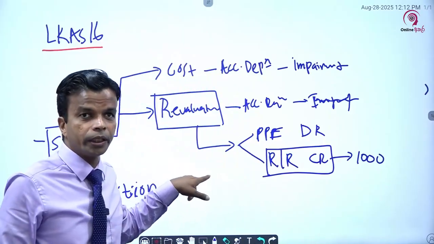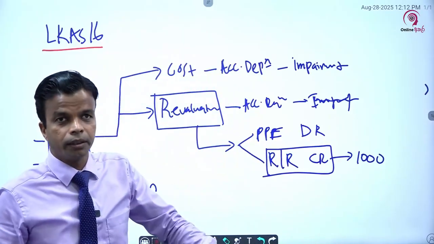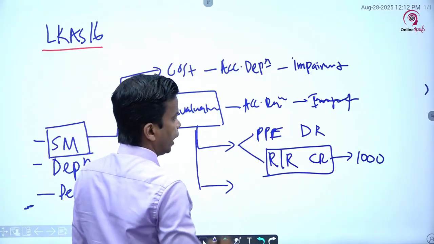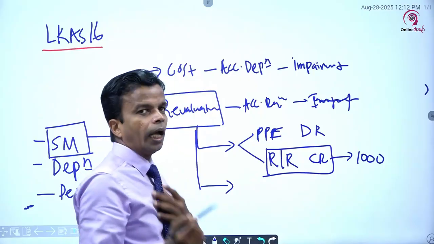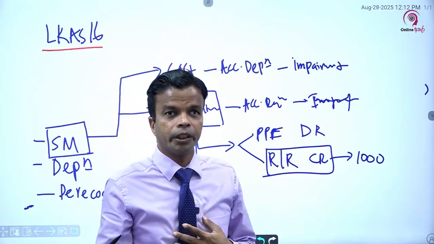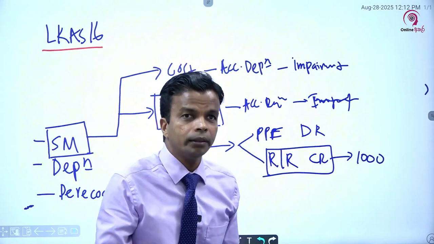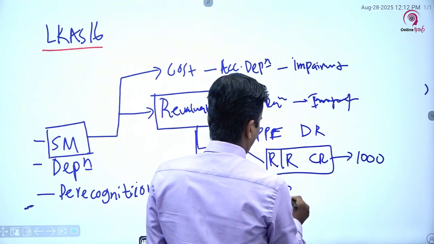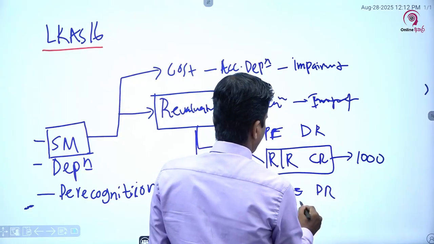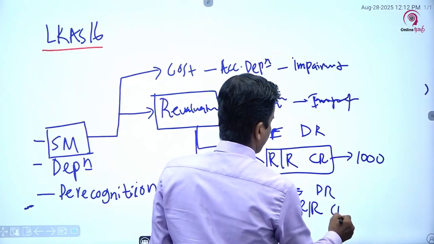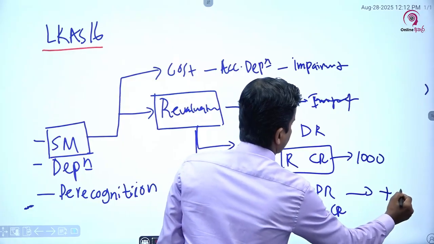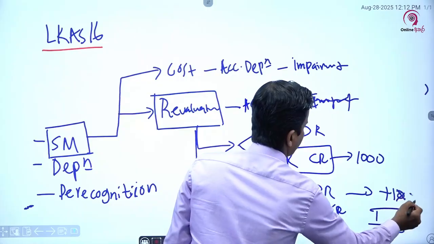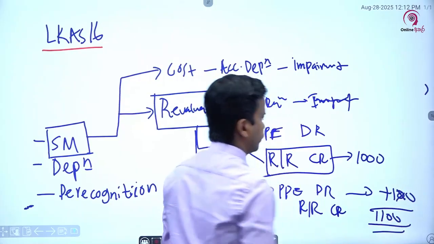Subsequent to this revaluation, after some years, you have done your second revaluation. As a result of that revaluation, you got another surplus coming in. The double entry won't change, PPE debit, revaluation reserve credit, and revaluation reserve will be, let's say, 1,100, right?